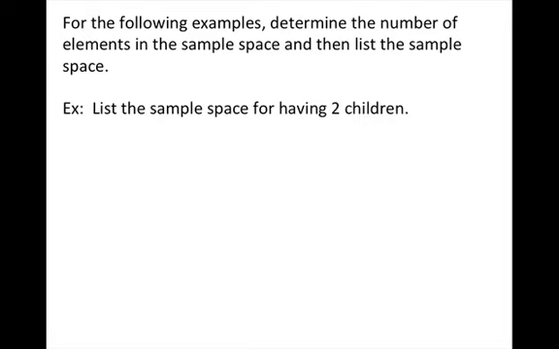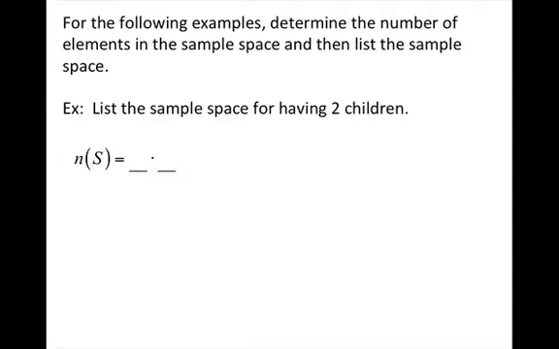So suppose you have the sample space for a couple having 2 children. Well, first let's find the number of elements in the sample space. So I'm going to abbreviate the sample space with an S. So the number of elements in the sample space. Well, first consider the first child.